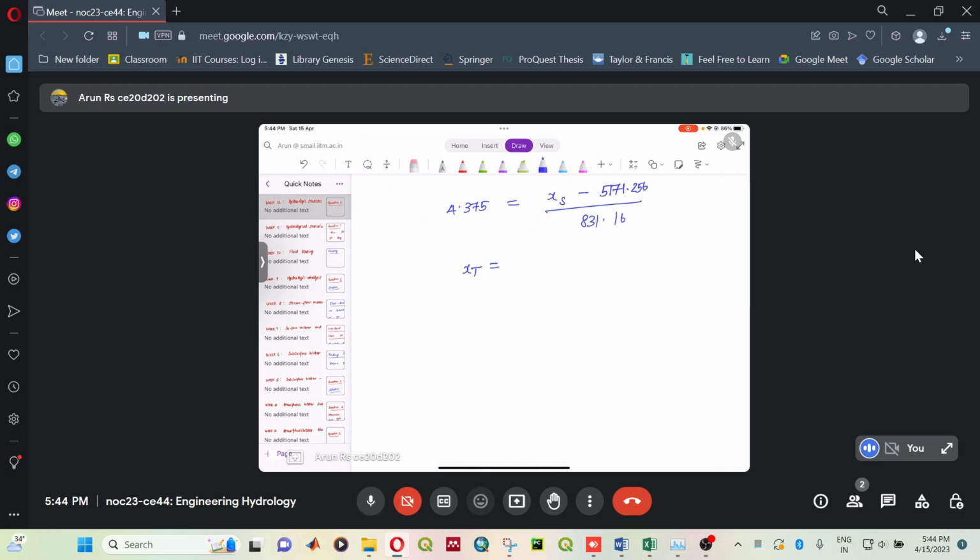Here xt is nothing but x80, that's what we are finding out. So if I calculate, it is 8807.58 meter cube per second.